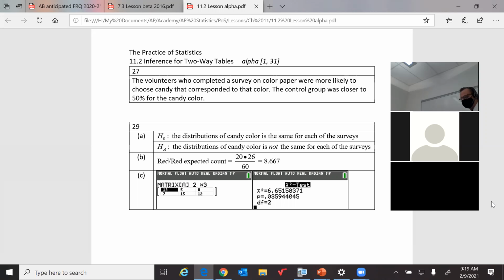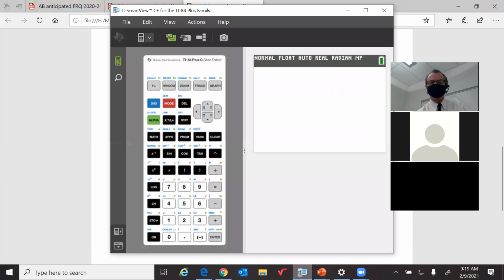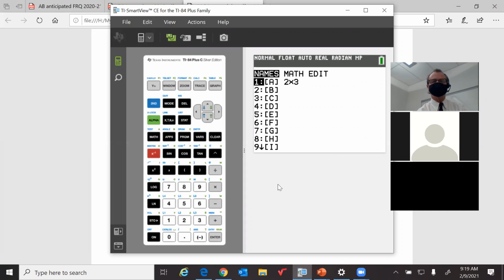So everyone go here on your calculator. Go to matrix, which is second inverse, second x to -1.